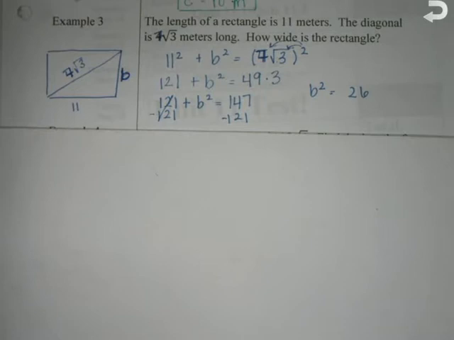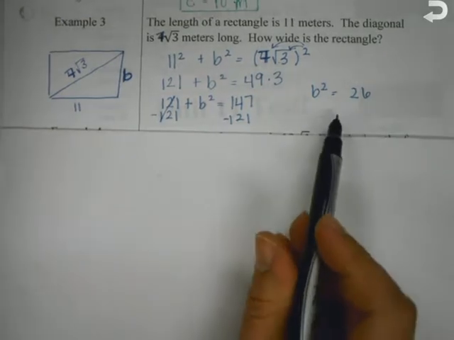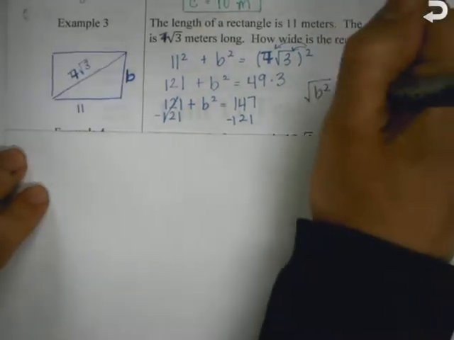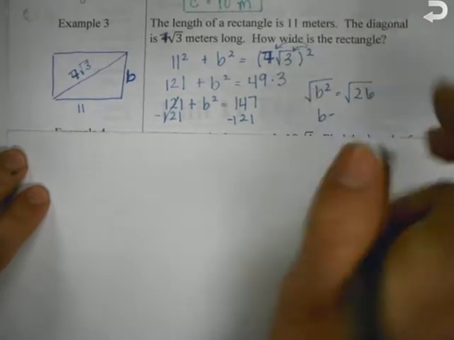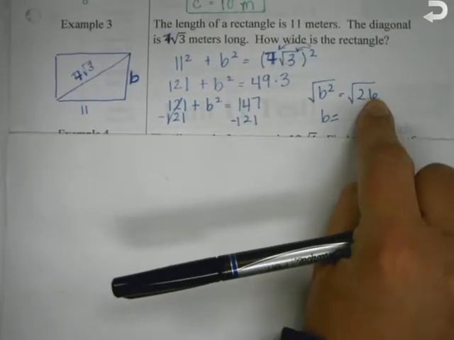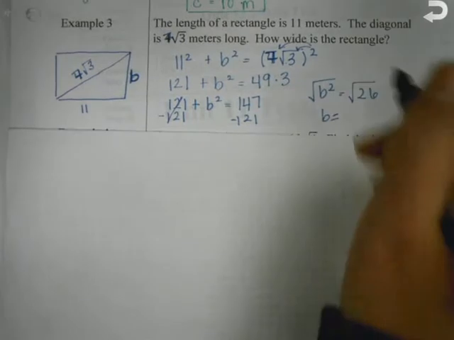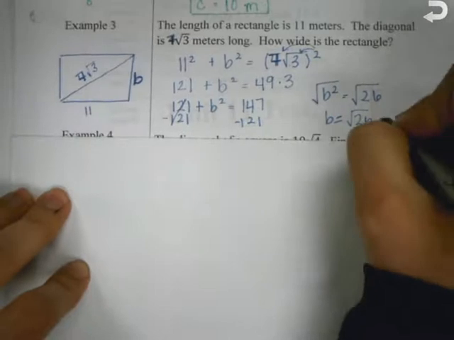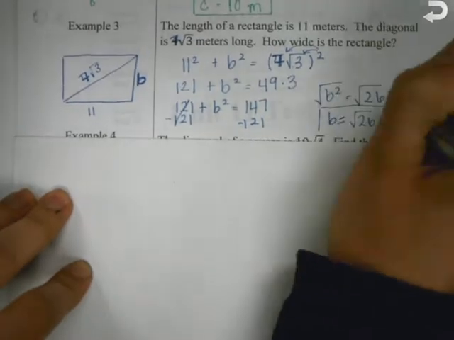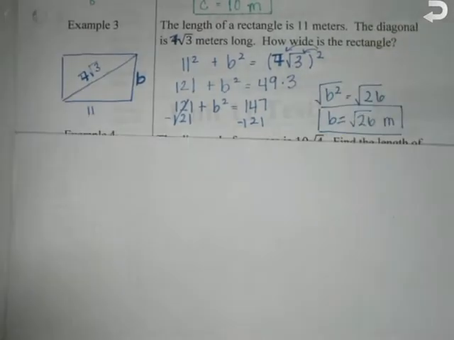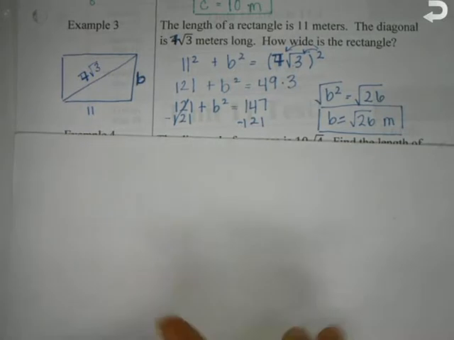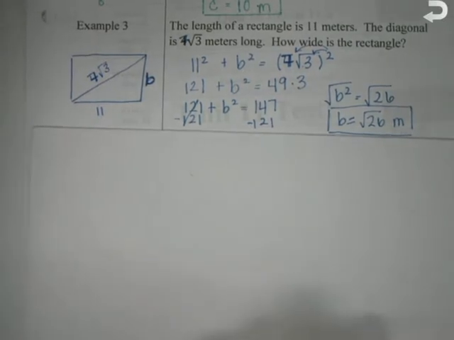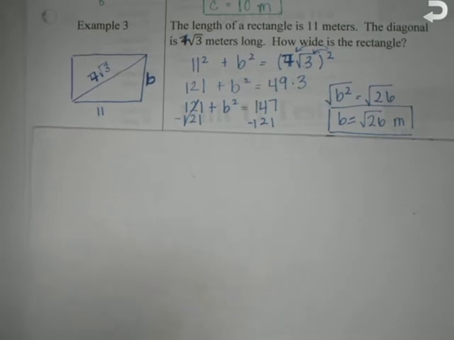Do you know the next step? Yeah. Square root. So B equals square root of 26. Can I break that down using perfect squares? No, so we're just going to leave it as root 26 meters. Yeah, you have to put meters because it's a word problem. And since they give us meters, we need to put meters. Makes sense? You guys still good?